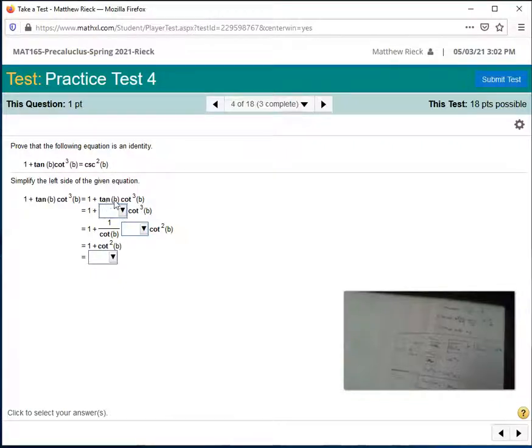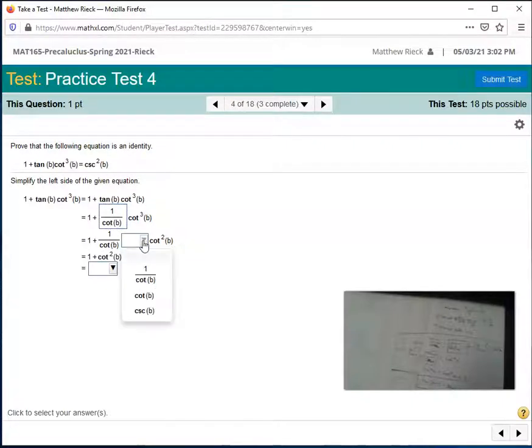So the one thing we're looking for is something to replace our tangent. Tangent in this case is going to be 1 over the cotangent, because we have those reciprocal identities there. So we have 1 over cotangent of b, and then to rewrite cotangent to the third, that's the same as the cotangent times cotangent squared.